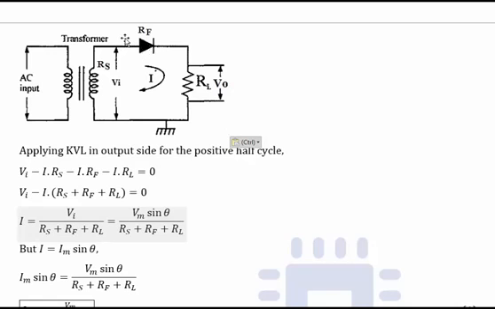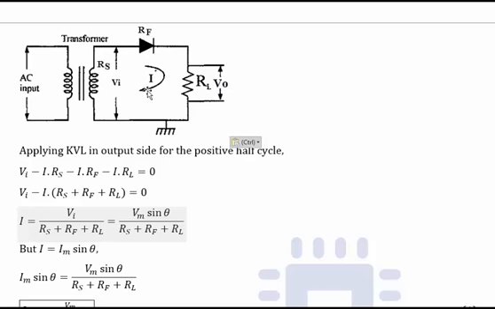The voltage drop at RF will be like this: the left will be positive and the right will be negative because current is going from left to right. When current enters the resistance, it gives a positive sign, and when it leaves the resistance, it gives a negative sign. So when current enters from left to right, the sign will be plus and then minus.